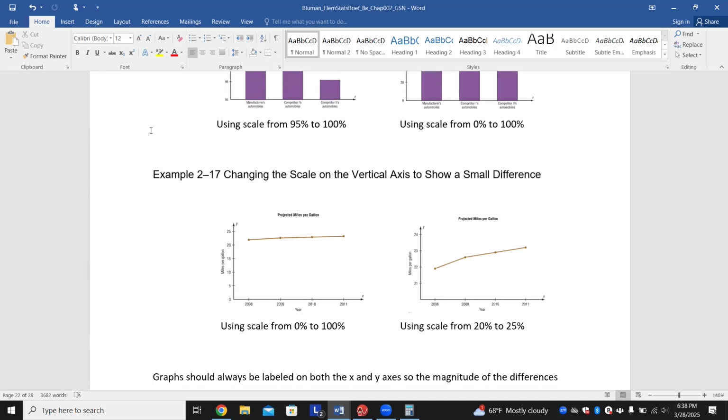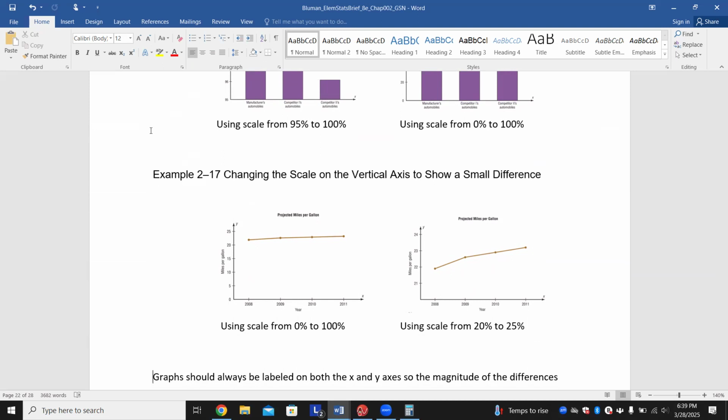But then if you look at the one on the right, now it's starting at 21, going by ones. So now it looks like it has really increased from 2008 to 2011. But if you pay attention to the numbers, it really only went from 22 to 23 miles per gallon, when looking at the projected miles per gallon for a car, right?